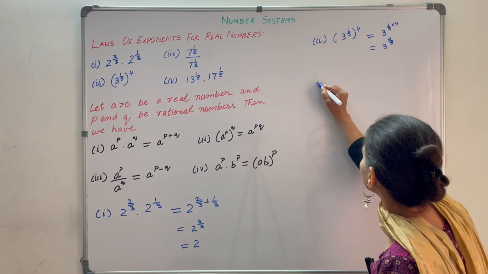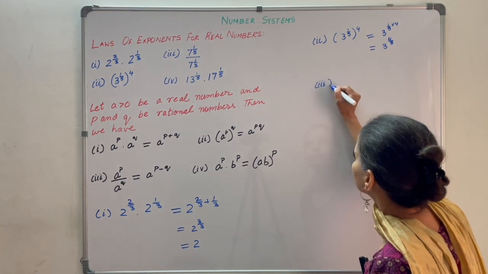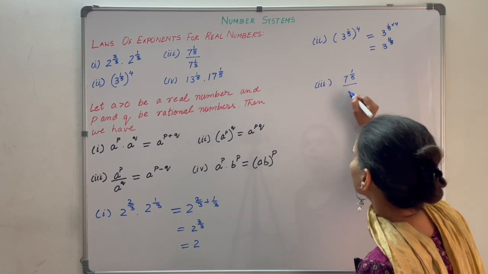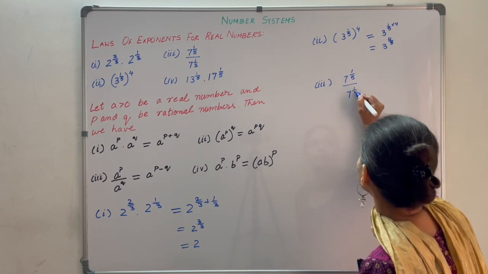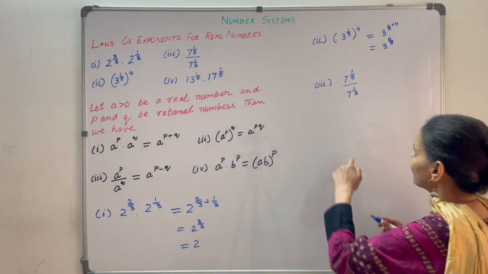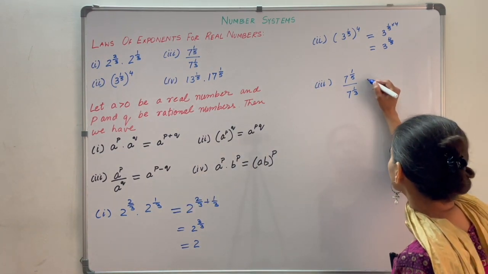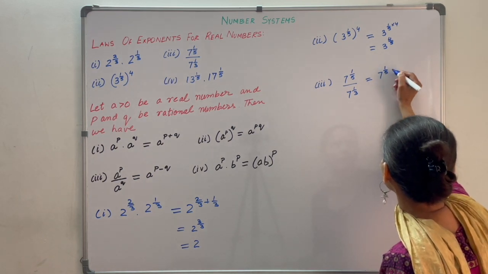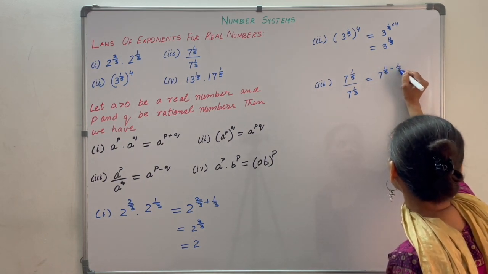The third question is 7 raised to power 1 by 5 upon 7 raised to power 1 by 3. We are going to use this law and solve it. So when we take this number in the numerator, we will have 7 raised to power 1 by 5 minus 1 by 3.